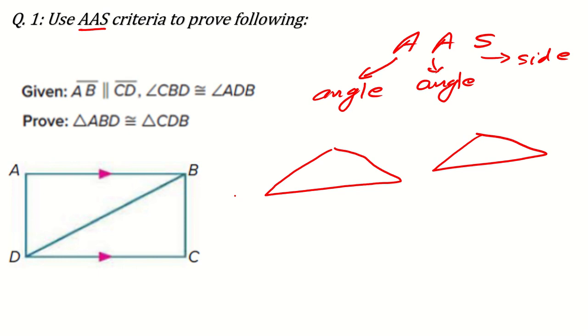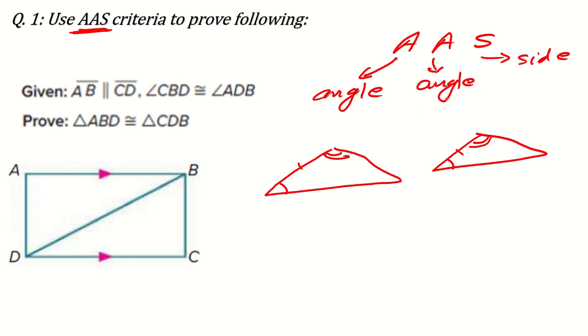See, if I say this angle is equal to this angle, and this angle is equal to this angle, and now if I say that the included side is equal, like this side is congruent to this side, then maybe they will be congruent. I'm not saying that they will not be congruent, but my point is they will not satisfy AAS criteria. Why?